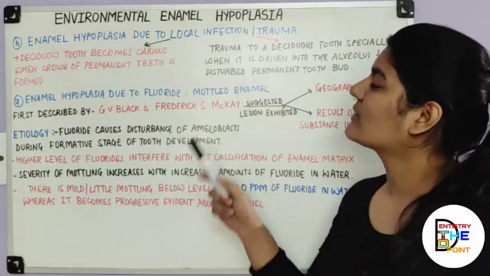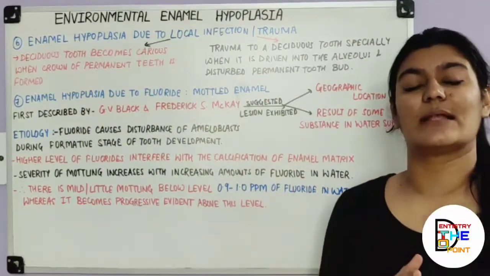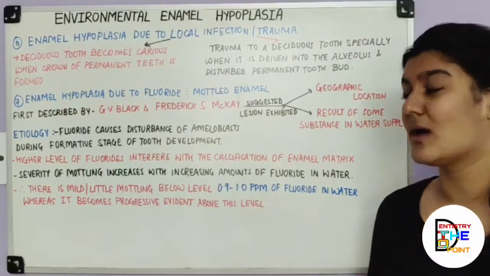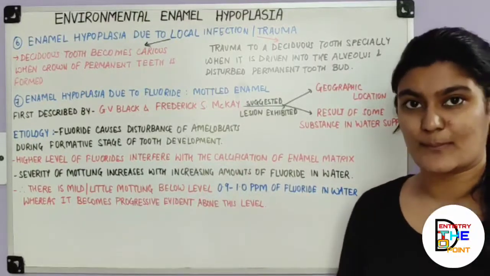Continuing with enamel hypoplasia due to local infection or trauma. Earlier we dealt with the clinical features, that is the Turner's tooth and Turner's hypoplasia. But what kind of local infection or trauma can lead to enamel hypoplasia?